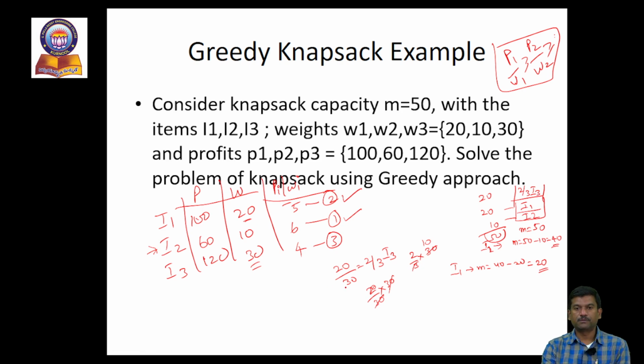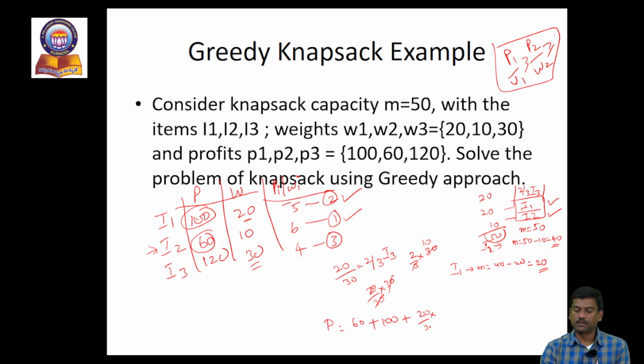What is the objective? You need to find the maximum profit. Since you have added the entire item 2, item 2's profit is equal to 60, plus item 1's profit, which is equal to 100, plus 2/3 of the third item.